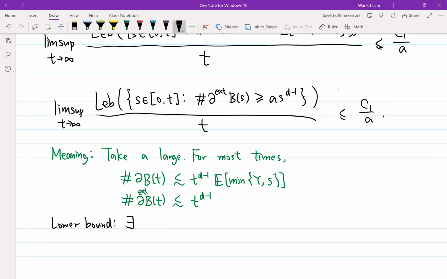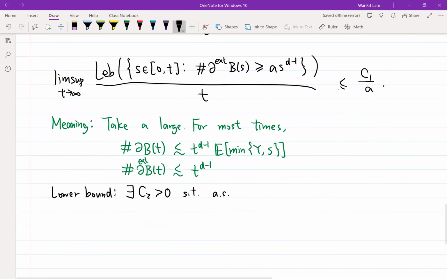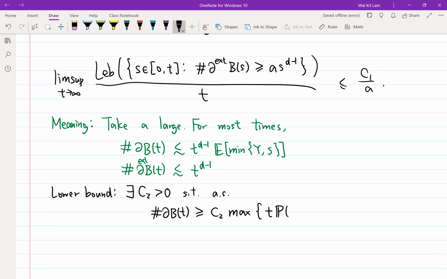So we can show that there exists another constant, say C2, such that almost surely, if you look at the edge boundary, we can show that the size is always bounded below by some constant C2 times the max of t times the probability that Y is larger than t, and 1, times t to the d minus 1, for large t.